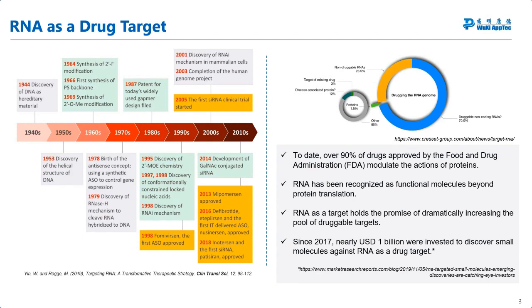And from the left side, landmark events and key milestones from historical RNA-DNA research indicate the development of oligonucleotide therapeutics to target RNAs. In principle, oligonucleotides can be rationally designed against virtually any genetic target.